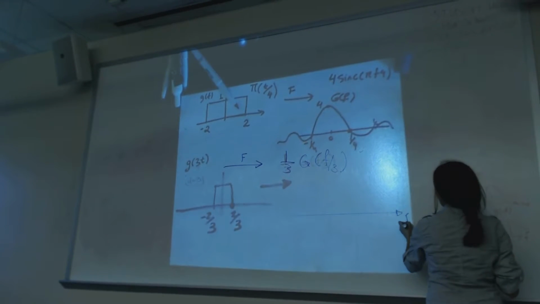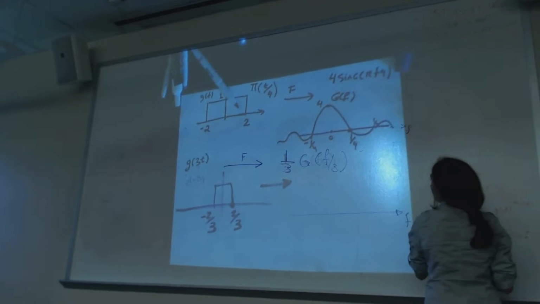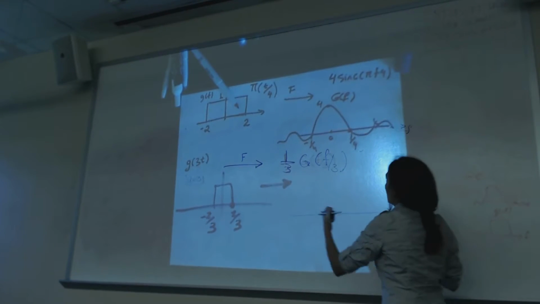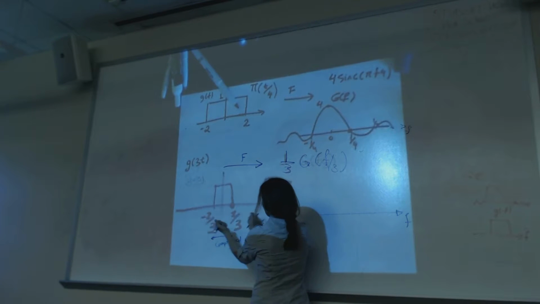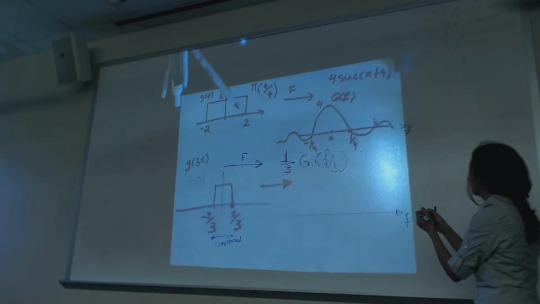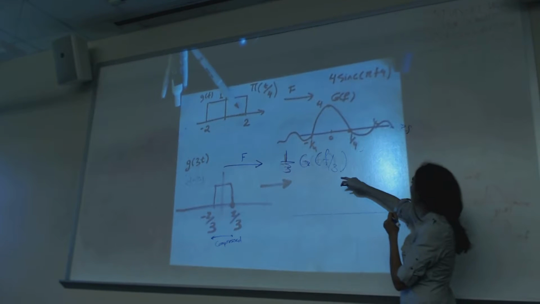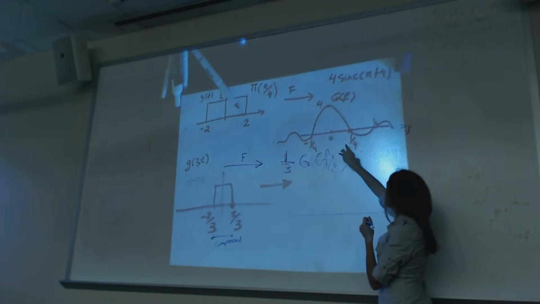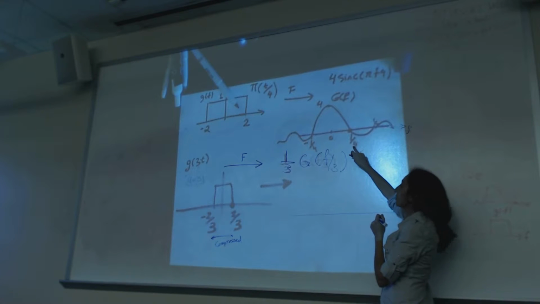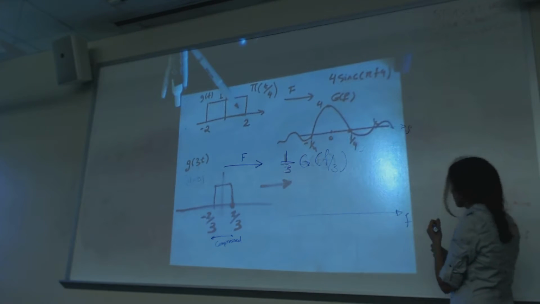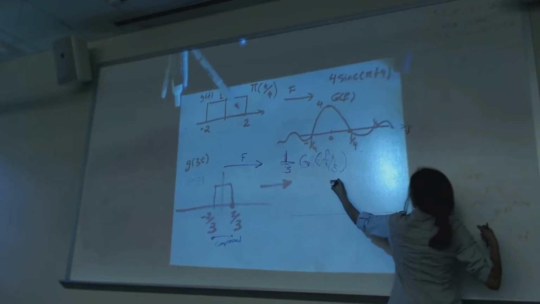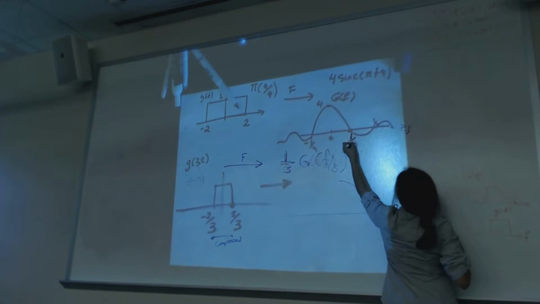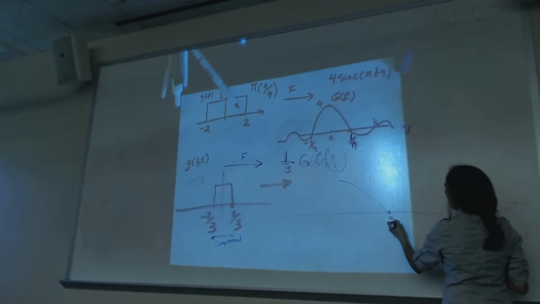I know how to scale things, right? Here it was compression. You compress the signal, making the duration smaller. What happens here? I'm scaling by 1/3. What's the effect here? Where does this one go? Instead of -1/4 to 1/4, you're going to have 3 times that.